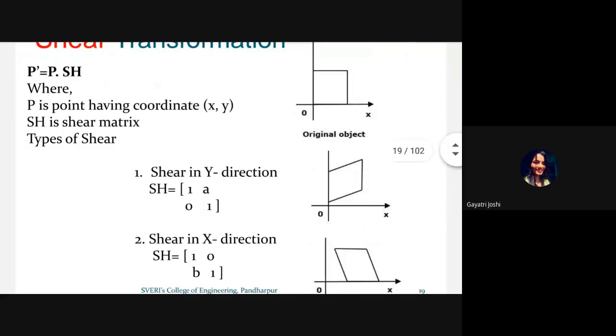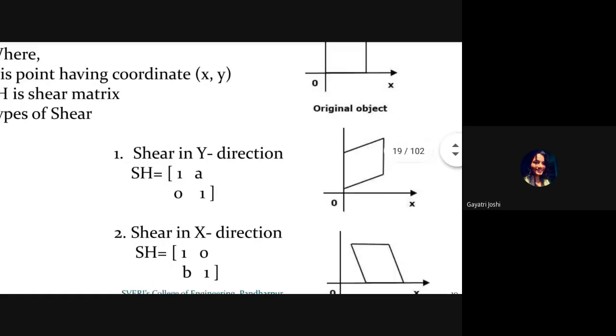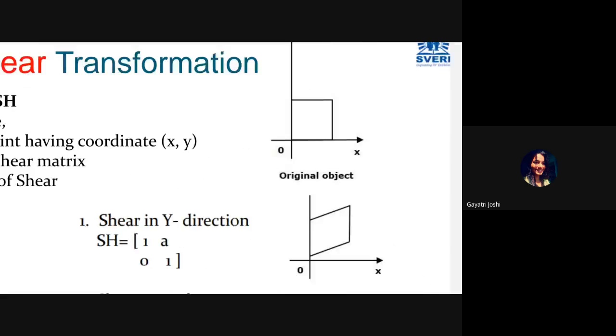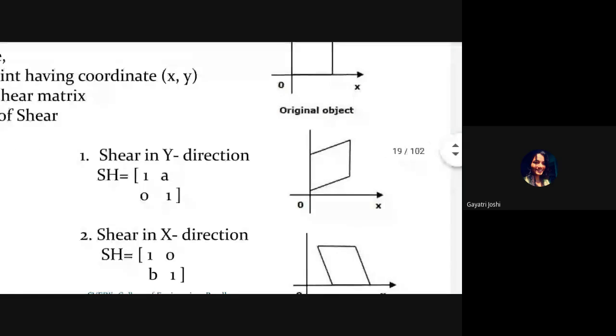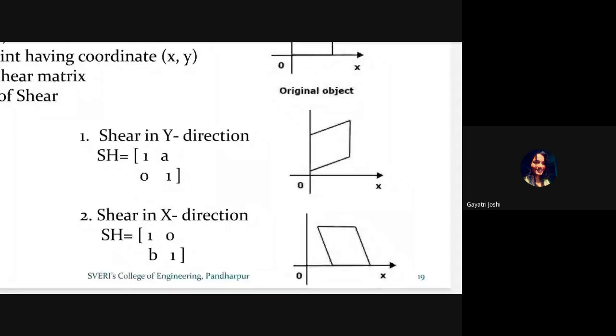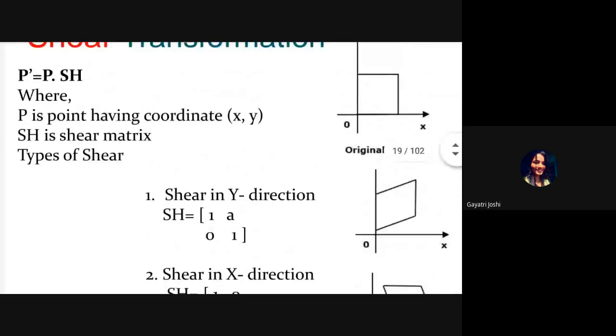Suppose if you see in this diagram, this is the original object, a rectangle, and shear in y direction means the x direction has no movement. Now the formula for the shear. There are two types of shear: shear in y direction and shear in x direction.